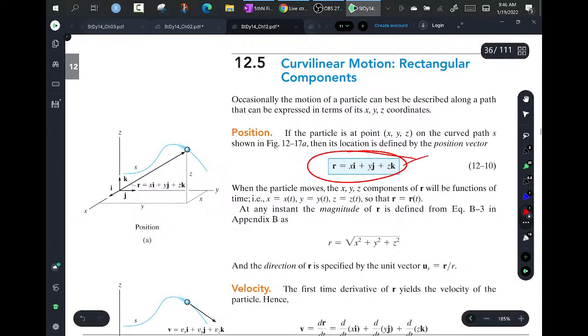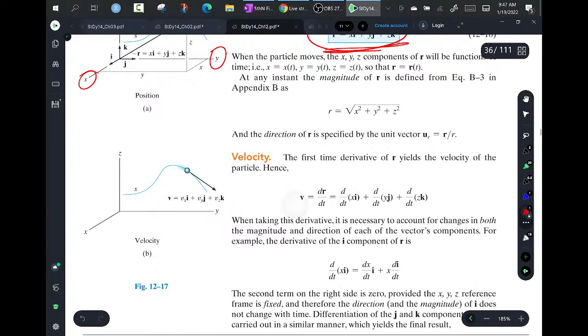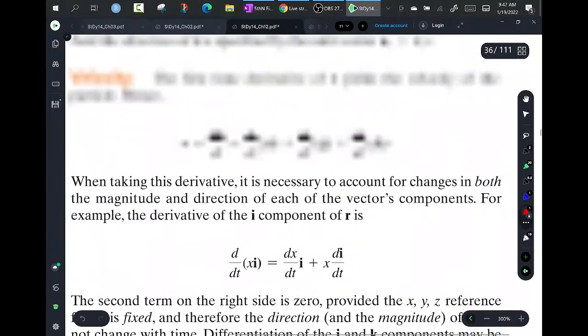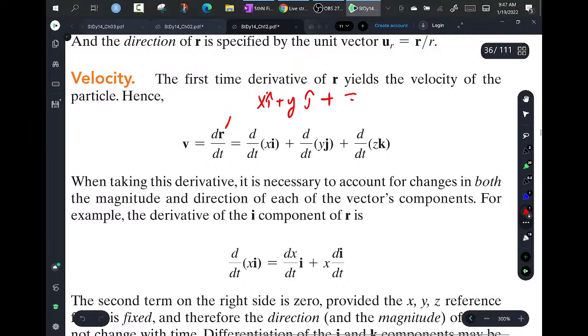If you track a particle through space, it's basically a Cartesian space, x, y, z, and essentially you can write this. Now what happens here is very important to take a look at in reference to the future. If I take a vector that is represented as xi plus yj plus zk, actually the differential operates on not just the x, but also the i, and not just the y, but also the j.